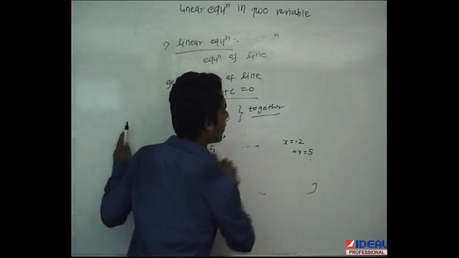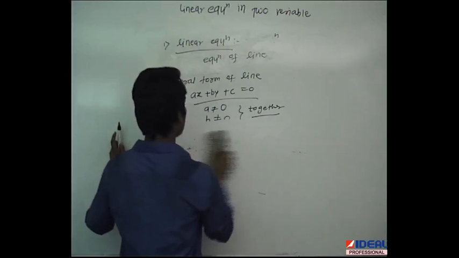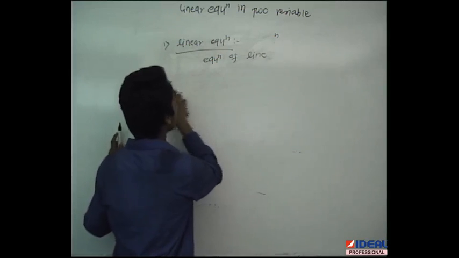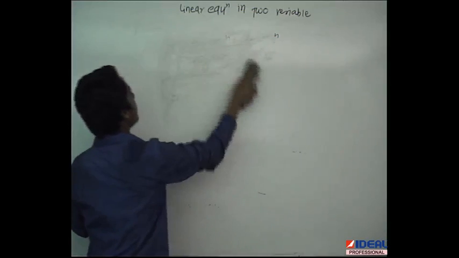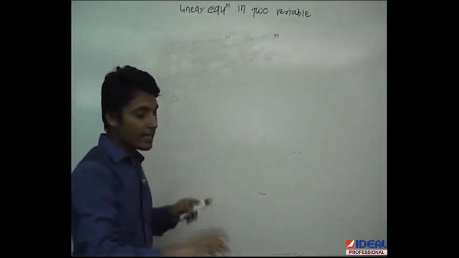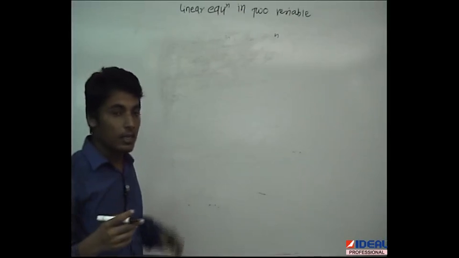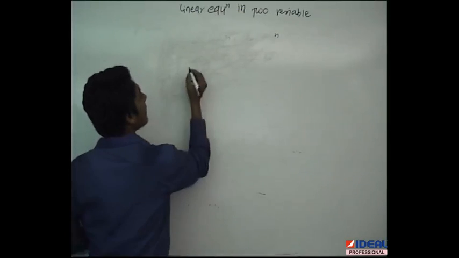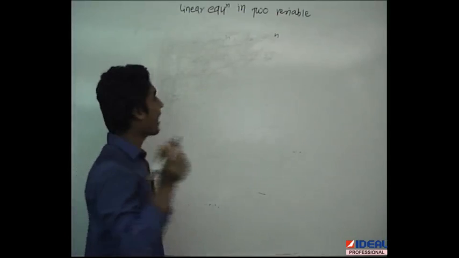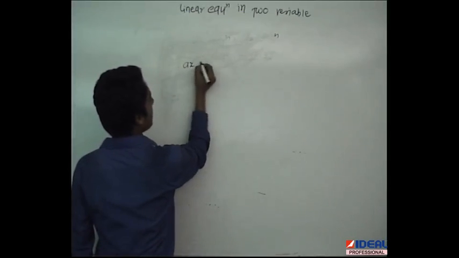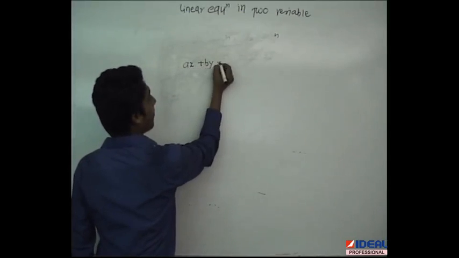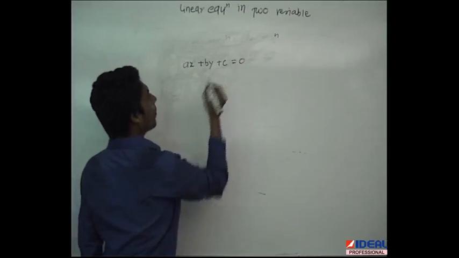I already told you a line is made up of infinitesimally many points. It means infinitesimally many points lie on a line. So see the general form of a line, ax plus by plus c is equal to 0.